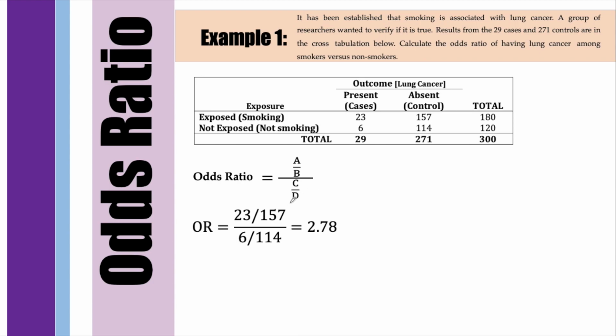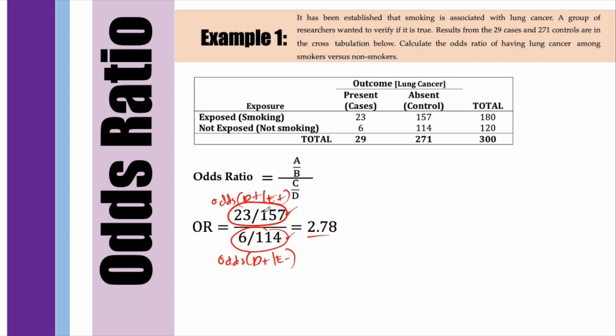So it simply states that whatever is this, that's the odds of having a lung cancer when exposed, and this is the odds of having lung cancer when not exposed. So whatever are the values here in this, taking its ratio, it's 2.78.